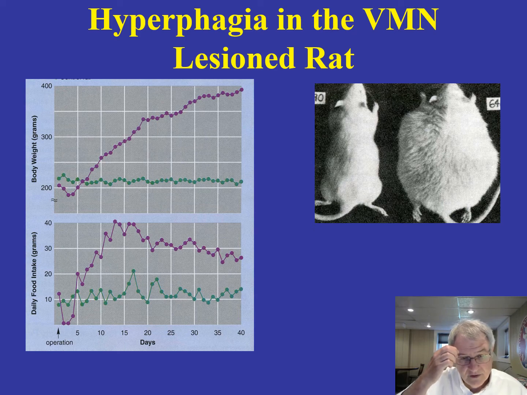This shows on the left the body weight, which is on the top, and the amount of daily food intake, that's on the bottom here, in animals that have had their ventromedial nucleus of the hypothalamus lesioned. And here is a normal rat that you see here.